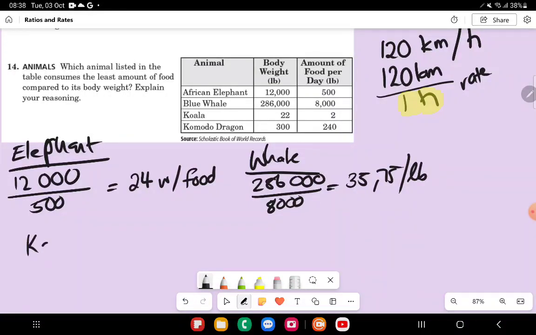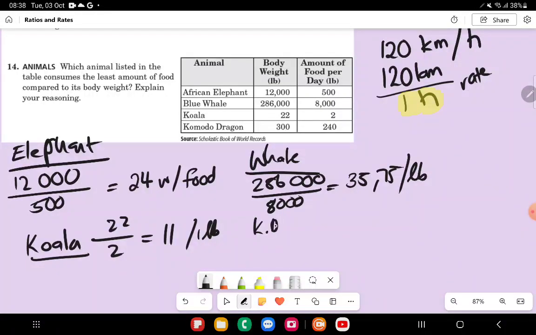Our koala does 22 over 2, which is 11 pounds of weight per 1 pound of food. And our Komodo dragon is 300 over 240, which means 300 divided by 240 is 1,25 pounds of weight per pound of food.